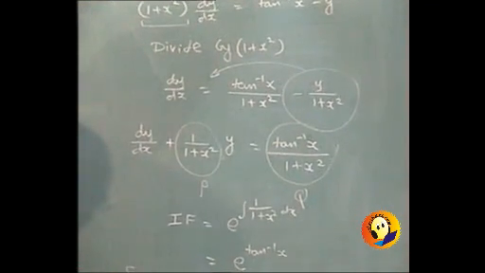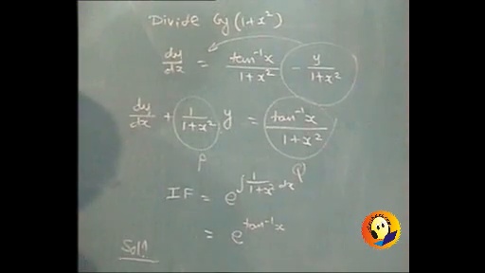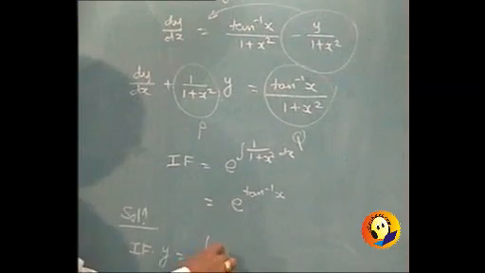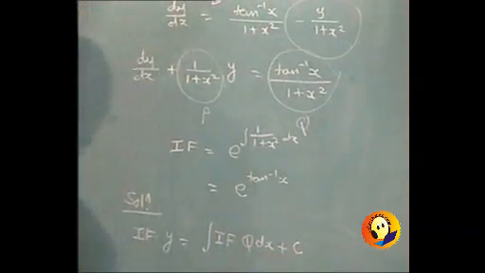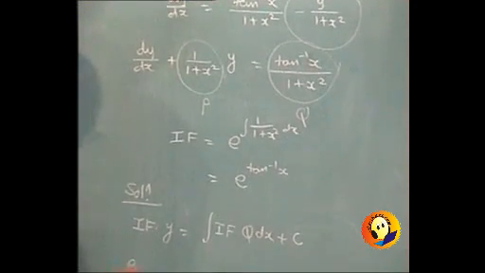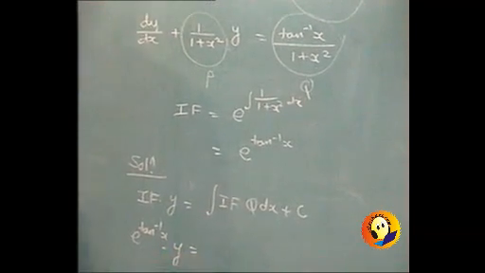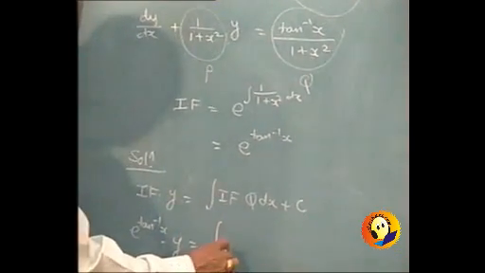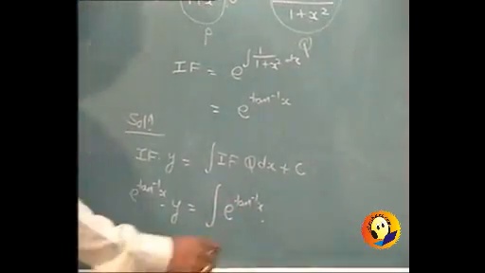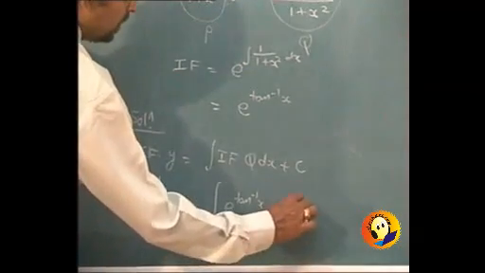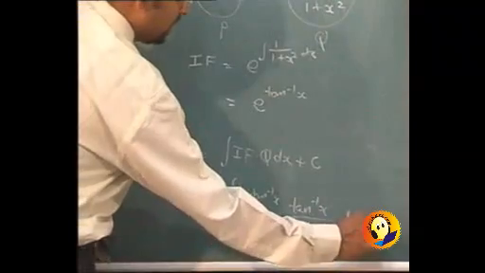The solution by the formula is IF into y equal to integral IF into q dx plus constant. So it will be e raised to tan inverse x into y equal to integral e raised to tan inverse x into q, which is tan inverse x upon 1 plus x square, dx plus constant.